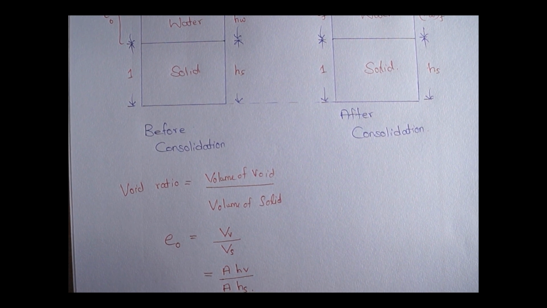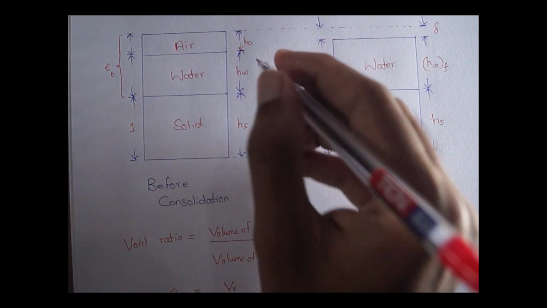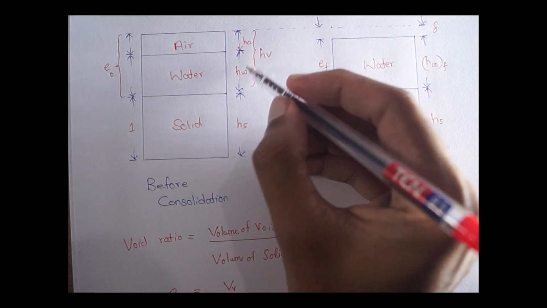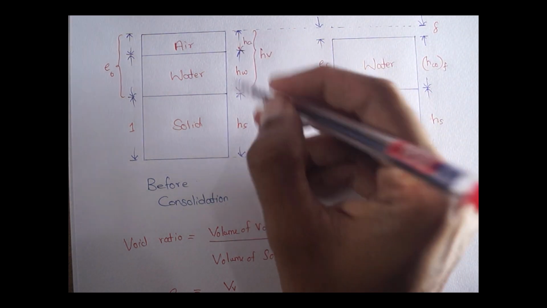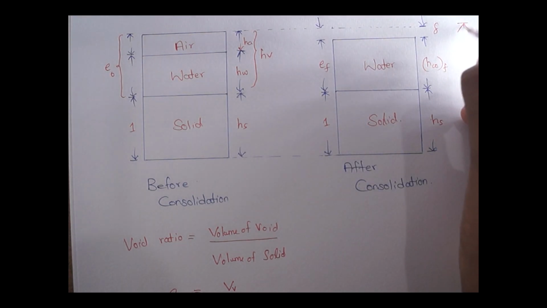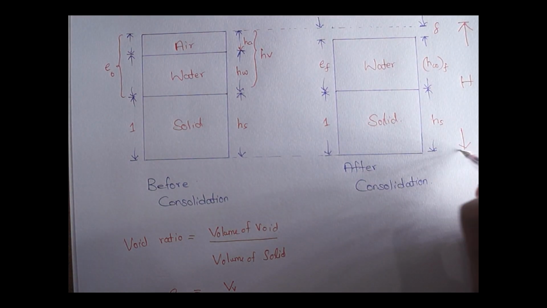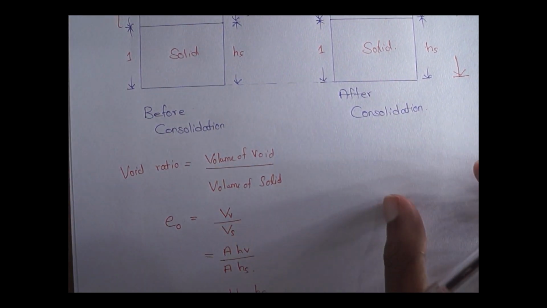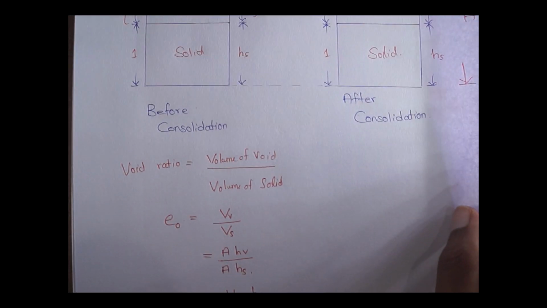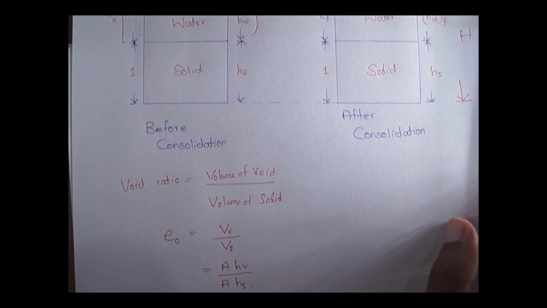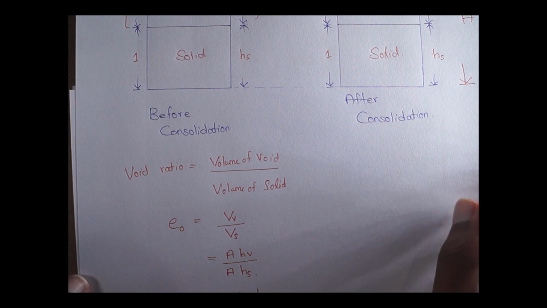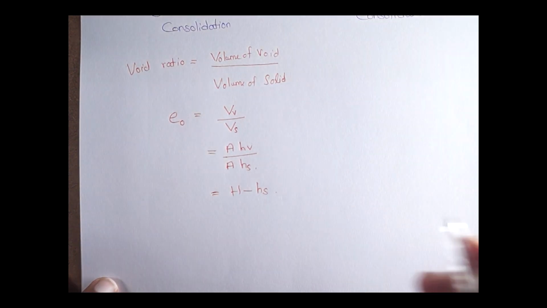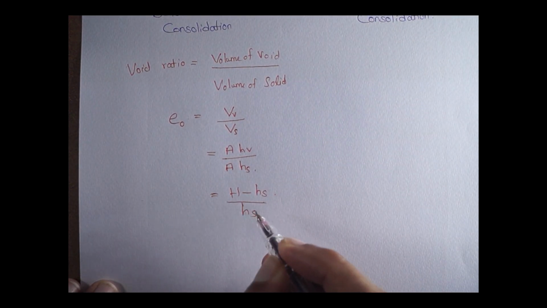So HV, the height of void, which is this portion HA plus HW, can be written as the total height of the sample, capital H, minus HS, the height of solid. So this is H minus HS over HS, which is E naught.